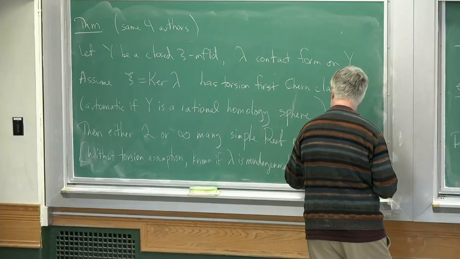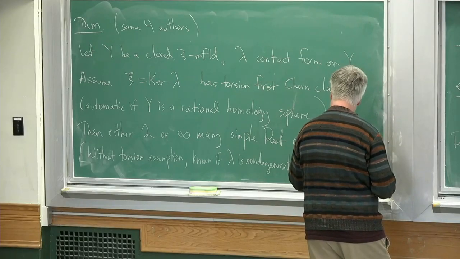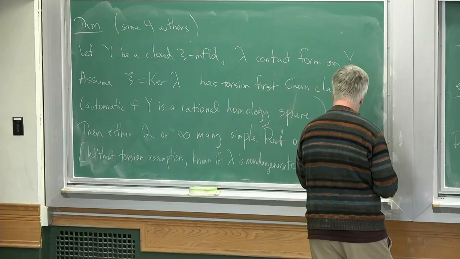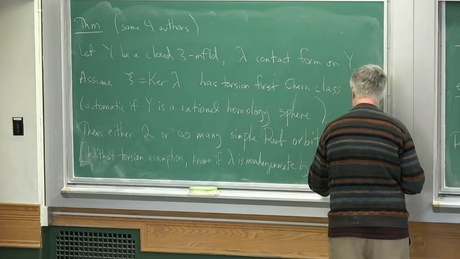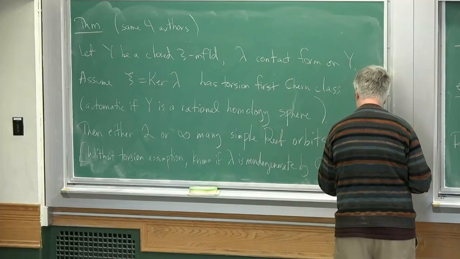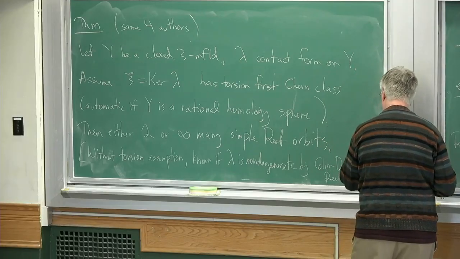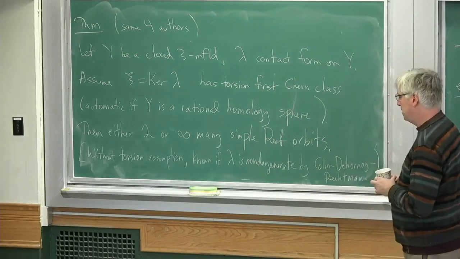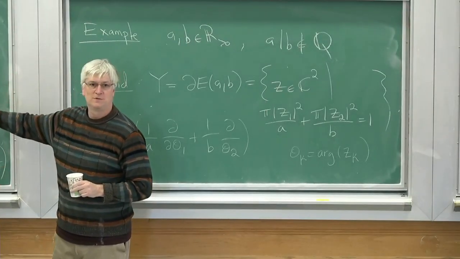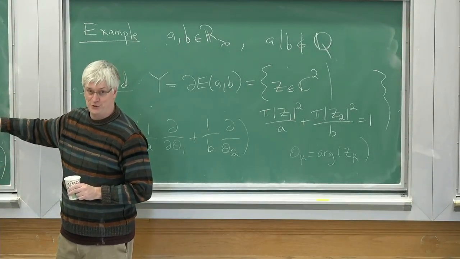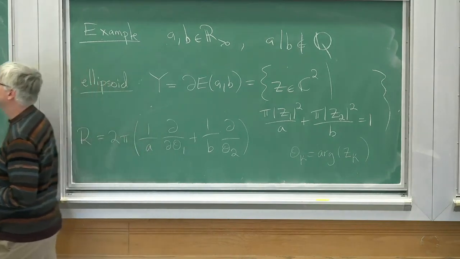And this is by Colin, Dehornoy, and Rechtman. So it's still an open question if lambda is degenerate and if the first Chern class is not torsion.